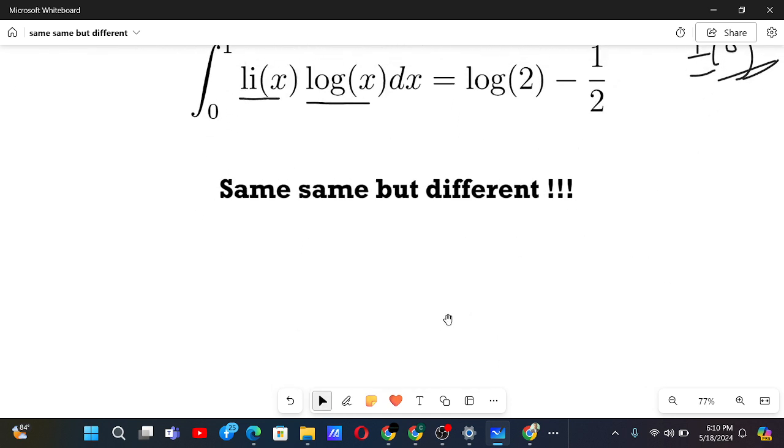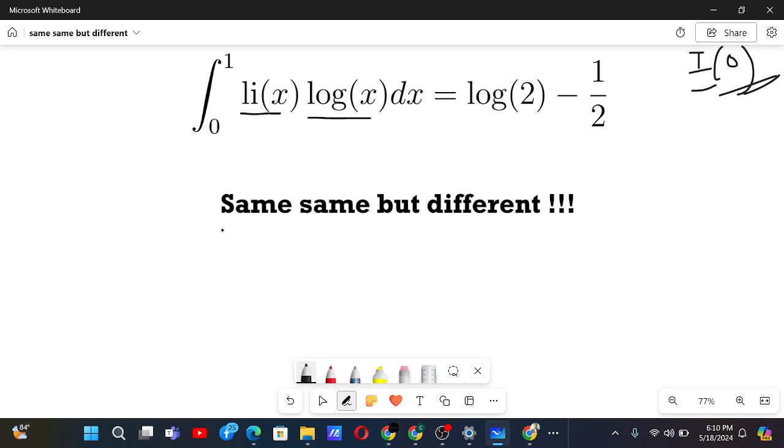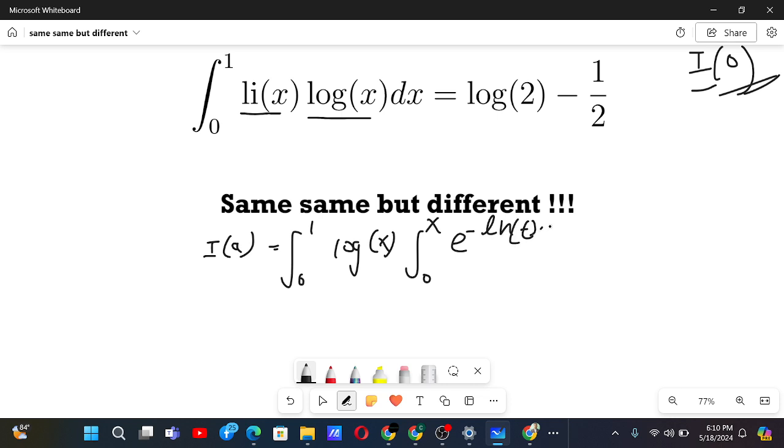Now we will write this as I of a equals the integral from 0 to 1 of log of x times the integral from 0 to x of e to the power minus ln t times a by ln t dt, and then dx. Our aim would be to find I of 0. Good.